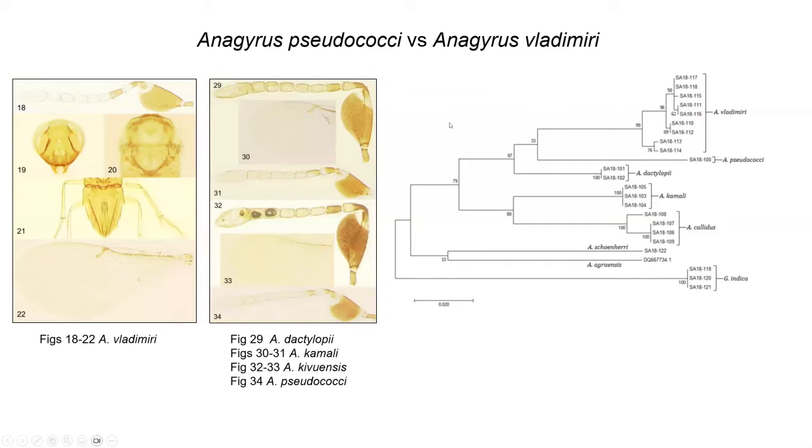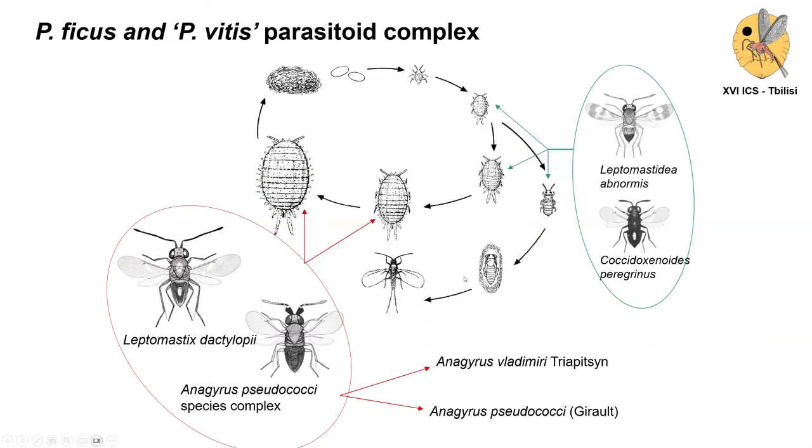As far as I can tell, the main difference is that what we were importing and releasing, vladimiri, will attack smaller mealybug stages, whereas what was in California before, psittacoxy, and is still here, typically attacked the larger mealybug stages. So let's look at what we've got, and this opens up for more work in the future.